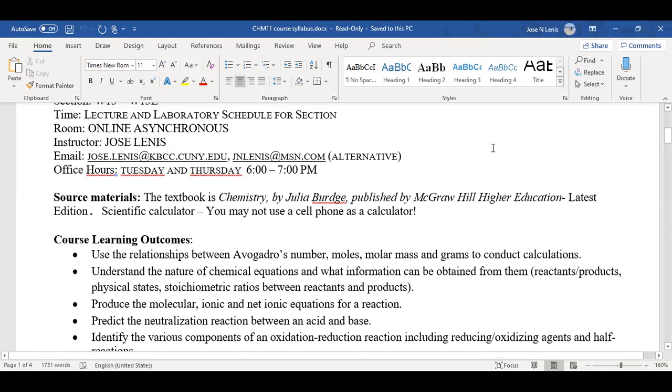Also, it happens many times. I send emails to my students and they don't get my emails, and that's a very hard situation for me. If I cannot communicate with you, that's a really hard situation. In that case, the best way to communicate is, you share another alternative email and send me another email, all right?